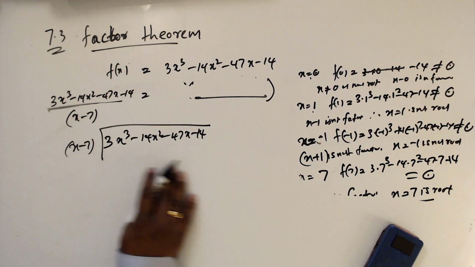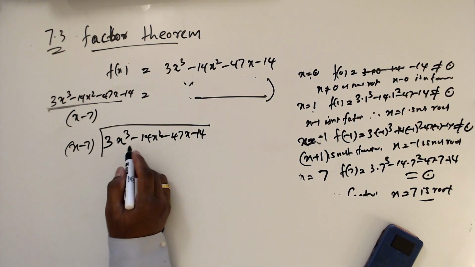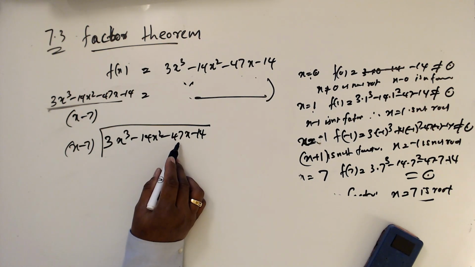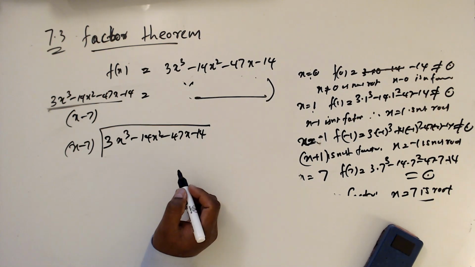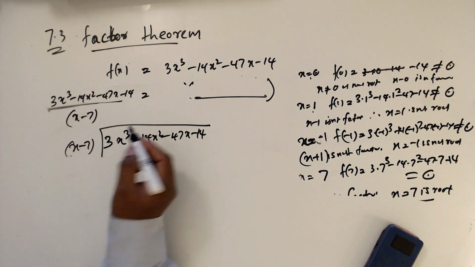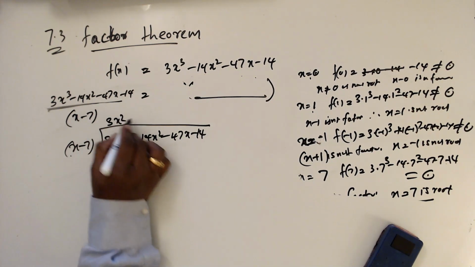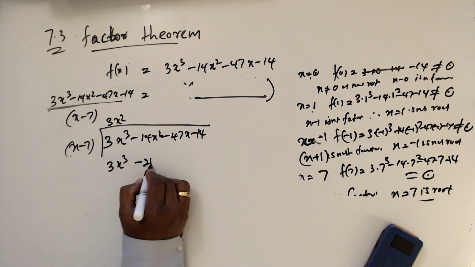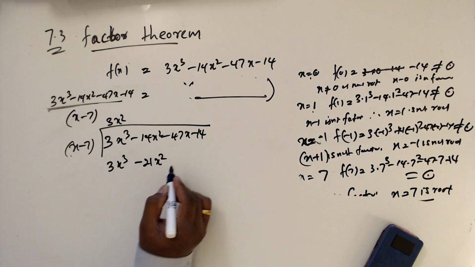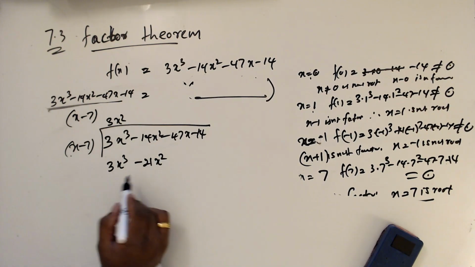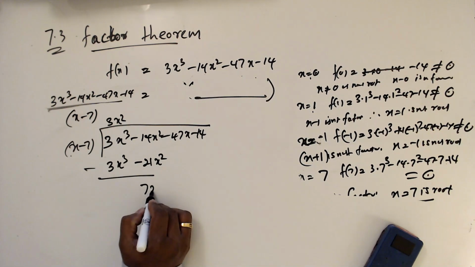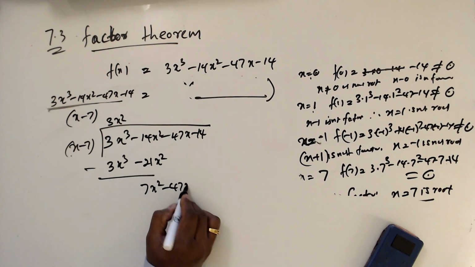Okay, well, let's work out this one. 3x cubed minus 14x squared minus 47x minus 14. So this is going to be 3x squared, then this is 3x cubed minus 21x squared. So this is going to be 7x squared minus 47x.